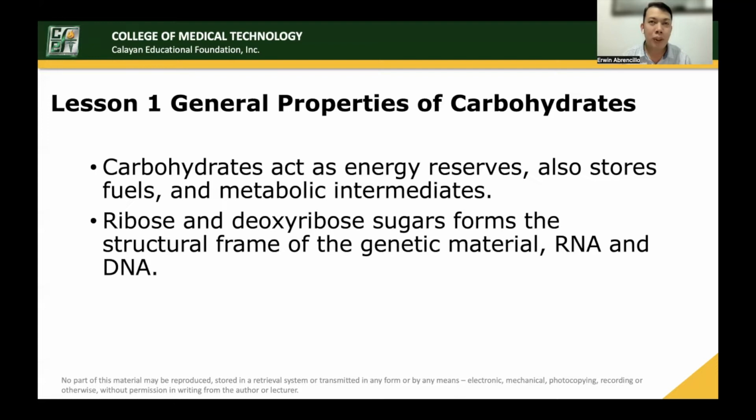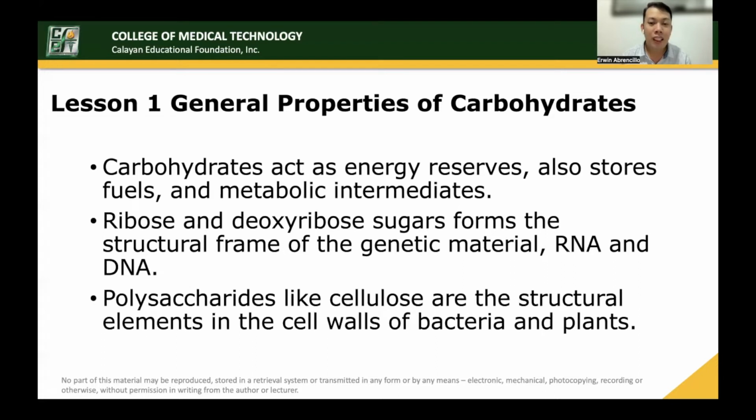So aside from those sugars that we tackled in one of our modules, biomolecules, wherein we tackle fructose, galactose, glucose, and so on, another two sugars that are very important in our body are ribose and deoxyribose sugar. These are found in the genetic material, RNA and DNA. So the ribose sugar is found in RNA and the deoxyribose sugar is found in the DNA.